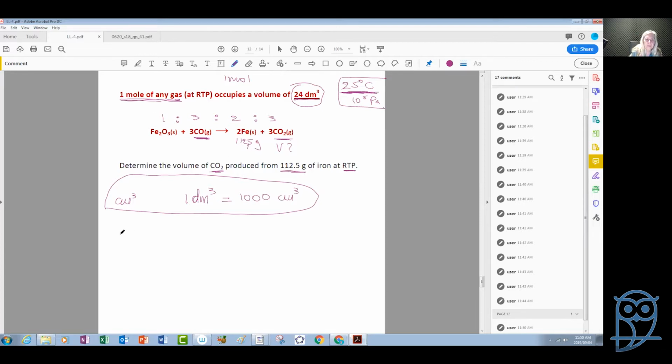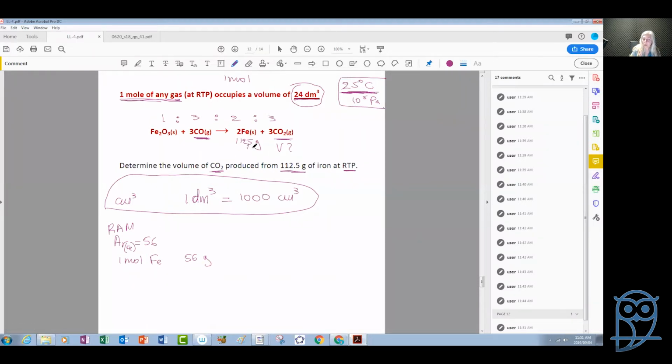All right, so from the periodic table, the relative atomic mass of iron is 56. Which means 1 mole of iron has a mass of 56 grams.